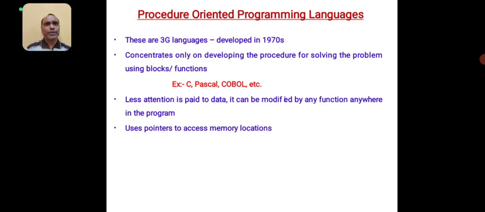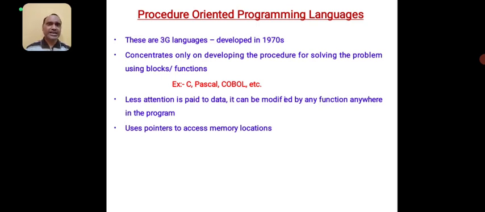And since using pointers, you can access any memory location of the computer and you can modify the data stored at that memory location, therefore, in order to provide security to the data, object-oriented programming languages like Java have removed the concept of pointers from the language.